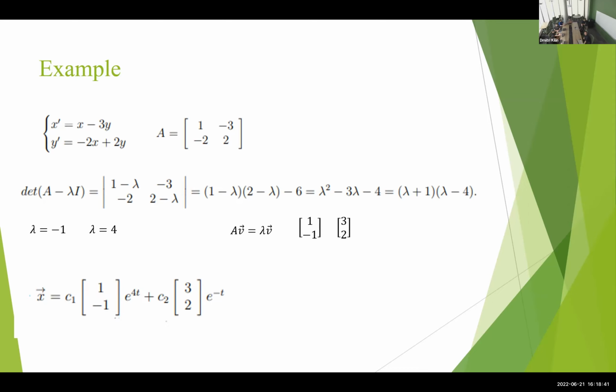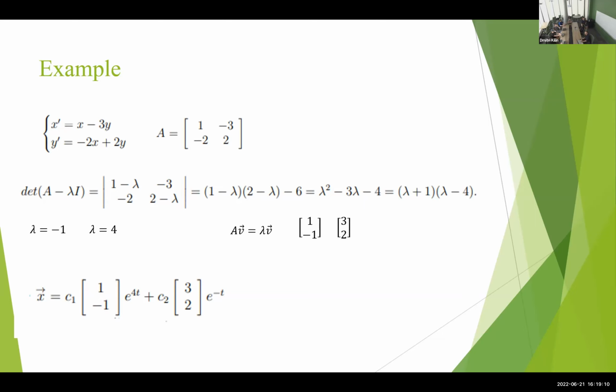First of all, we determine the lambda values based on these determinants, and after we obtain the lambdas, which here are -1 and 4, we can easily calculate the eigenvectors, and based on the previous equation, we can easily express the solution of the linear system.